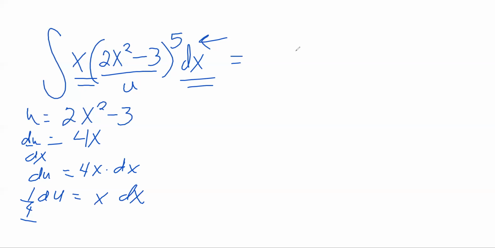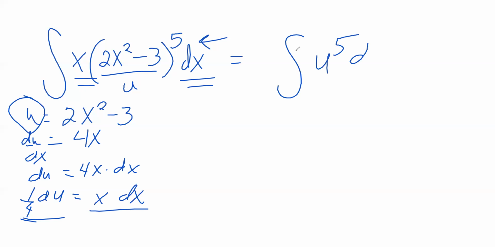First of all, since u is 2x squared minus 3, we just replace it, and that's going to be u to the fifth. x dx is going to be a fourth du. So we're going to turn x dx into du, and then the 1/4 is a constant factor, so we're going to put it outside.